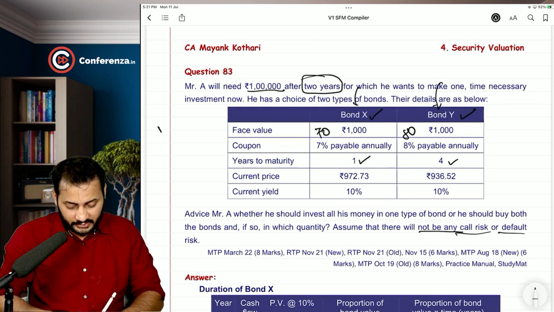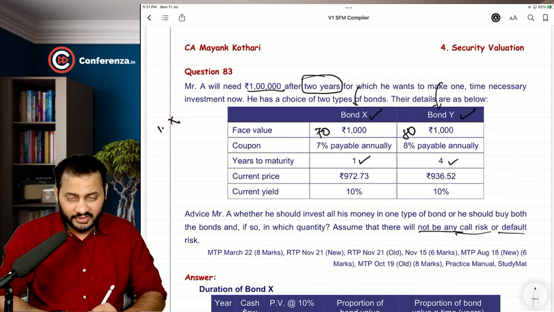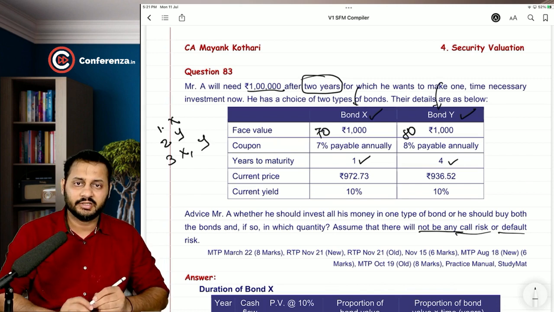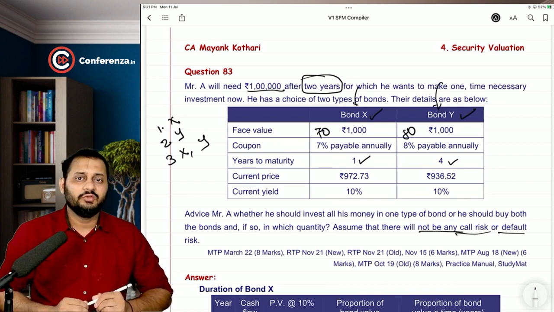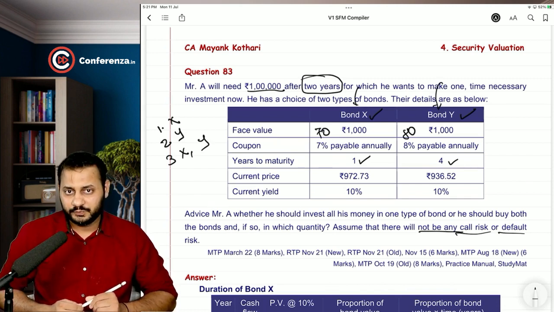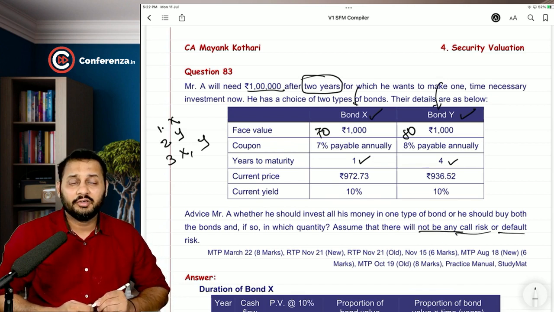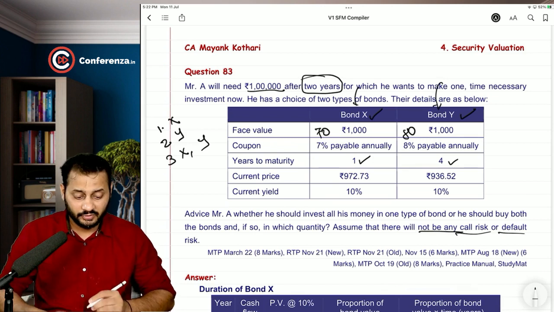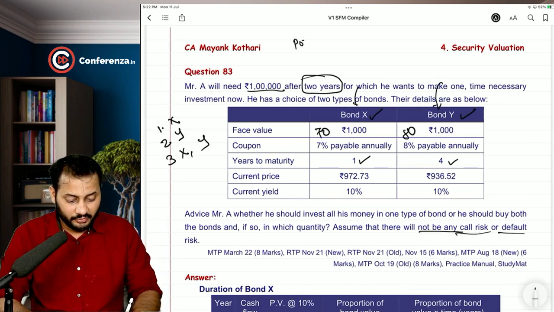So 3 options. One, invest entirely in X, invest entirely in Y, and some percentage in X and some percentage in Y. Now you will learn something new, which you have learned in one of the very first lectures, which was portfolio return. How did you calculate the portfolio return?